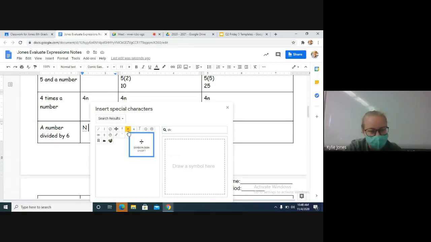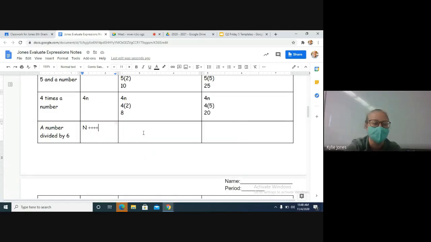I like to use the small division one, and then you just click on it and it appears in there for you. If you click it multiple times, it'll appear a lot of times. Once you click it once, just hit the X, and it's there. See, I hit it multiple times, so I have lots.